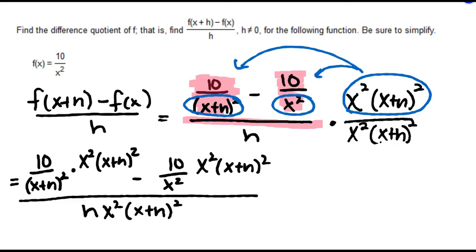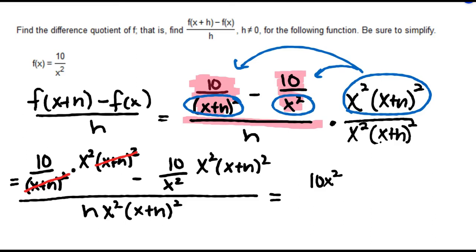So I've distributed that common denominator to each term, and now the clearing fraction should happen. It should cancel out the denominators of those little fractions. In the first term, we have a denominator of x plus h squared, which is going to cancel with the x plus h squared here, and that leaves me with a 10x squared.